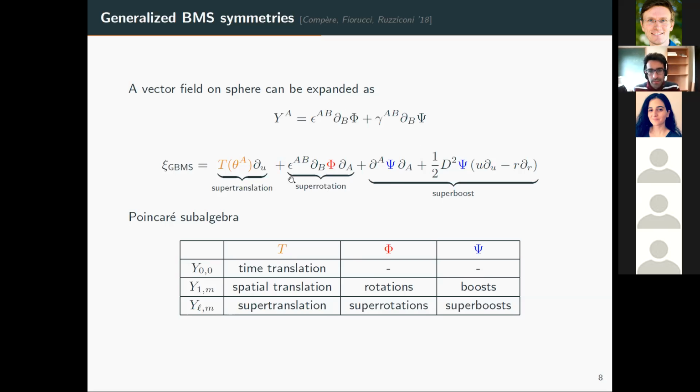You see that the super Lorentz breaks into super rotations and super boosts. Why do I call them like this? The reason is that if you expand these three functions in spherical harmonics, you see that the standard Poincaré algebra is just L equals 0 and L equals 1 in this expansion. And the higher ones are called super.